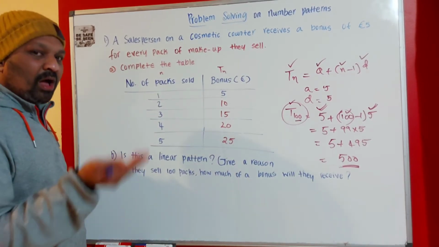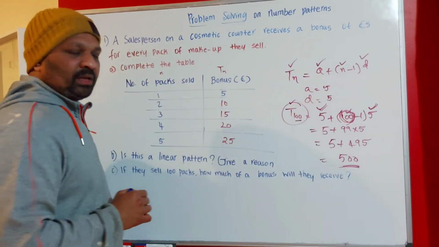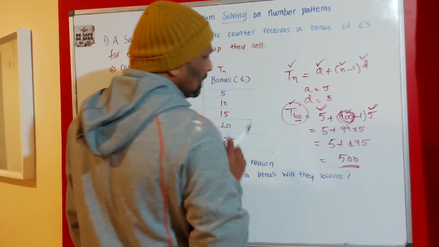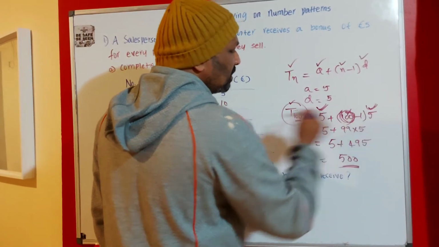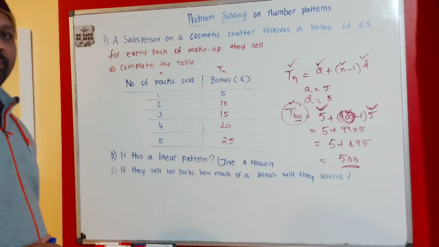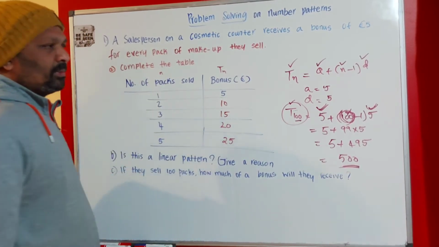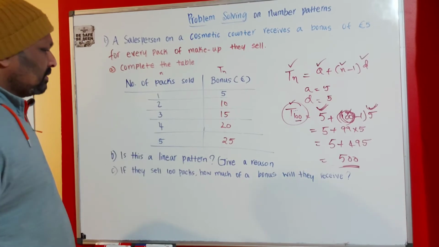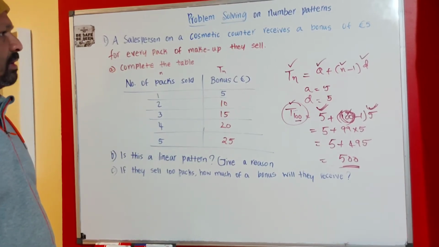In such a case, n has to be found out. You put Tn as 695, A you know, d you know, n you don't know, and solve this equation. You'll get to know how many packets he needs to sell to make 695 euro. Okay, so that's how we completed this sum. We'll take another sum and proceed.